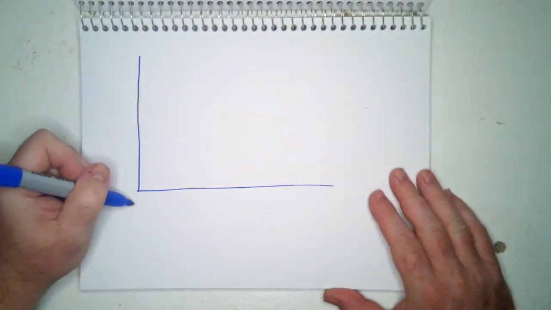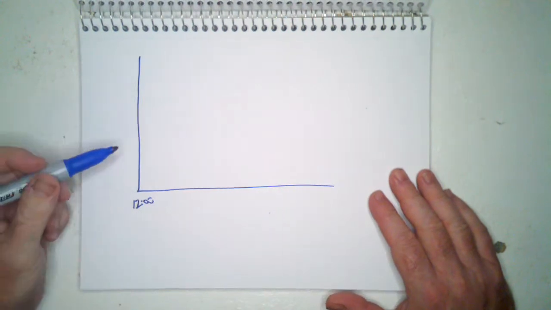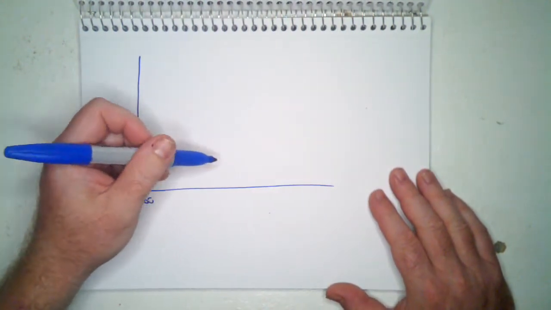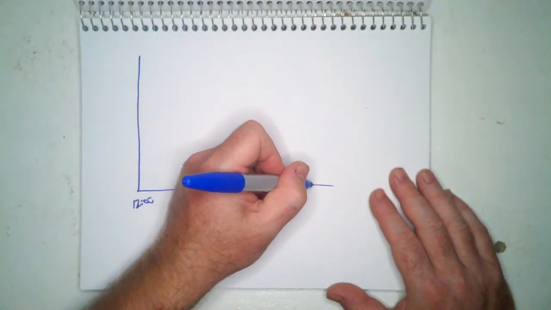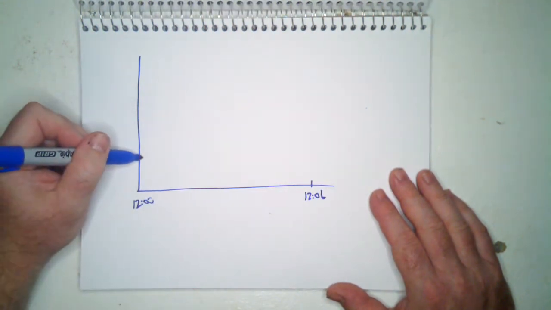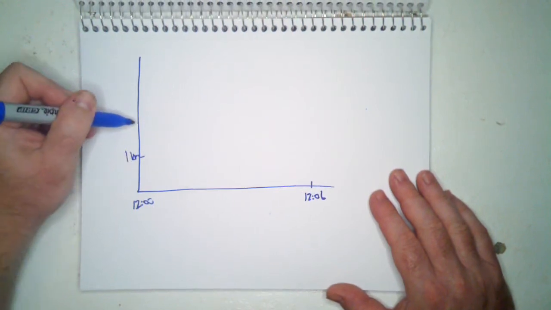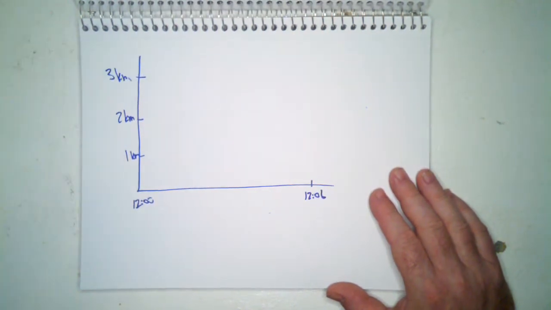If we take a really quick look and maybe consider our path. The thing about our path is that we started out here at home at 12 o'clock, and as we're driving to the Kennedy, when we got there at 12:06, we went 1 kilometer, 2 kilometers, or 3 kilometers.